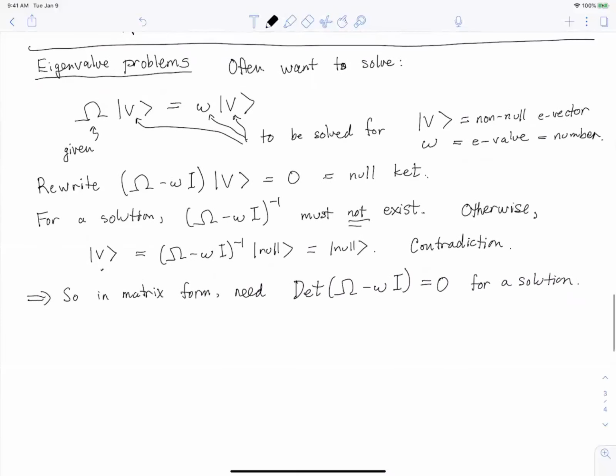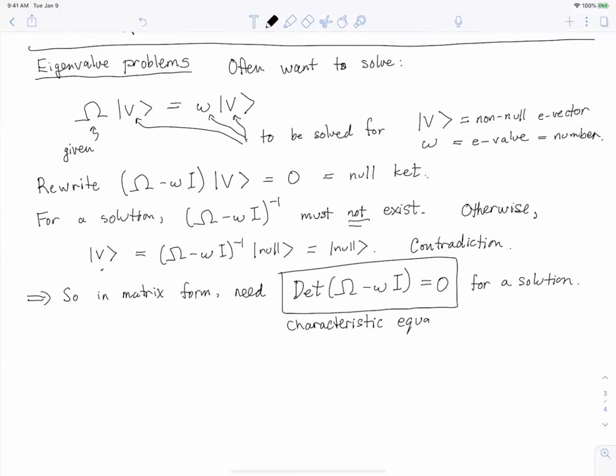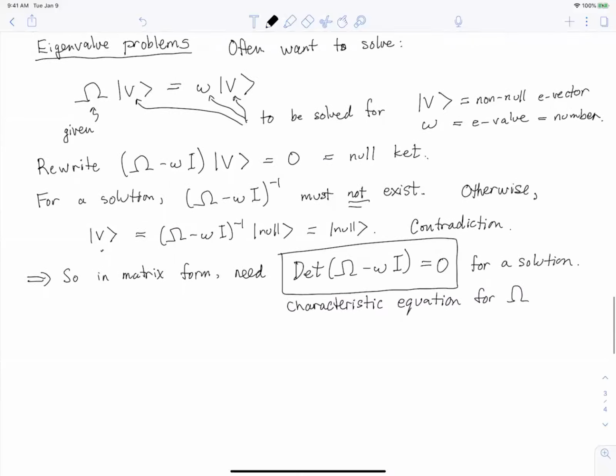Okay, so this is a very important equation. This is called the characteristic equation for the eigenvalue problem for the operator omega.